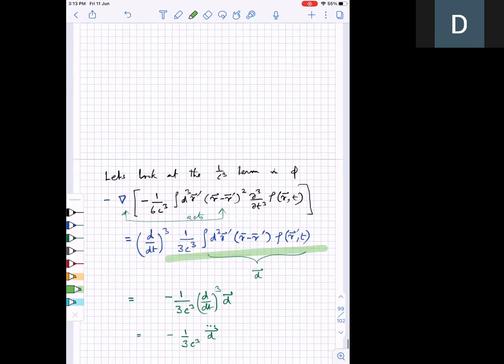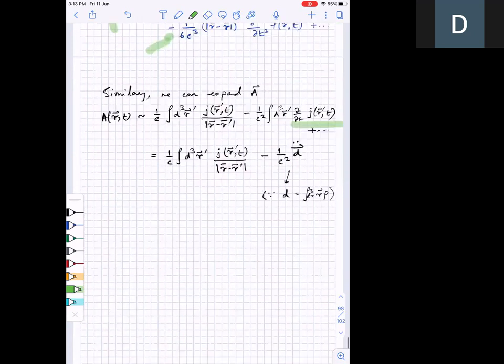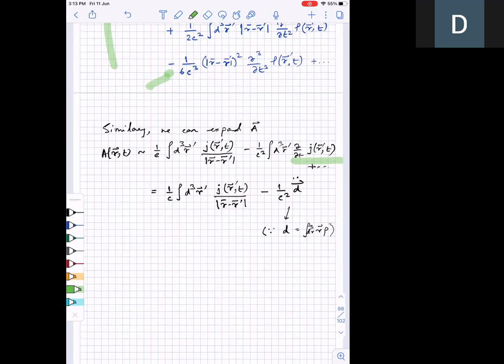And so this is this. Okay. So one of the terms in the phi expansion leads us to a dipole moment, the third derivative of it. One of the terms in the J expansion leads to the second derivative of the dipole moment. So we are getting the dipole moments already in our expansions.